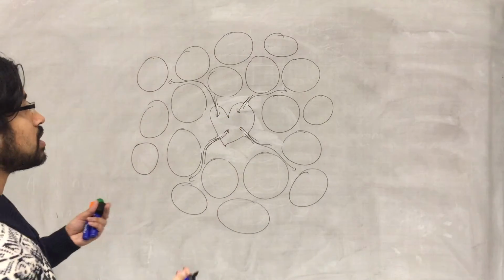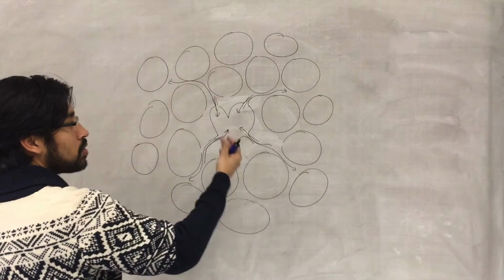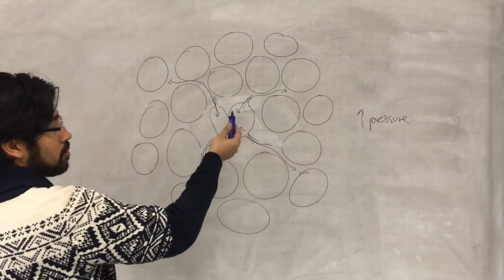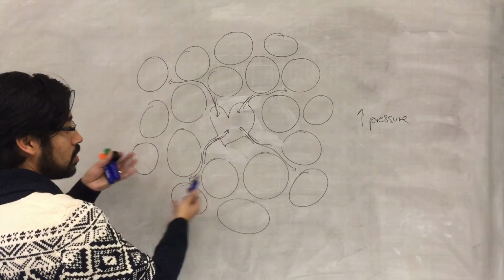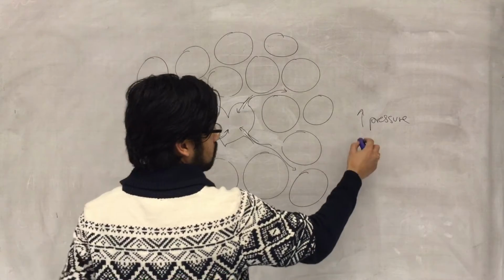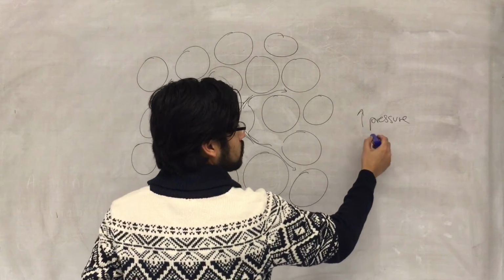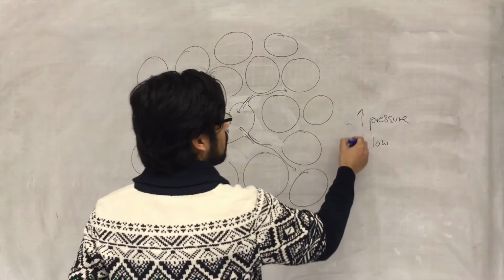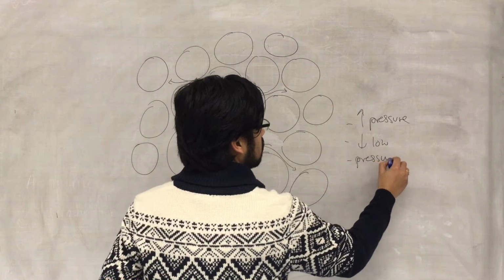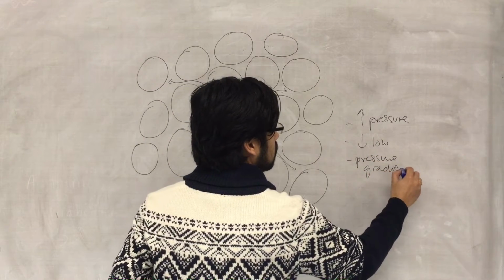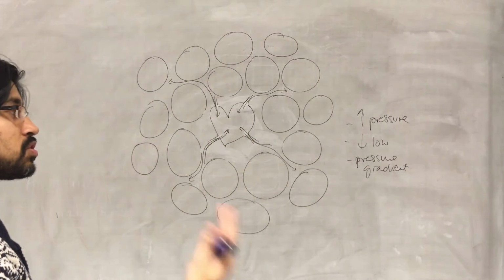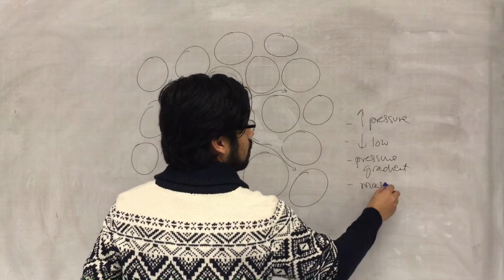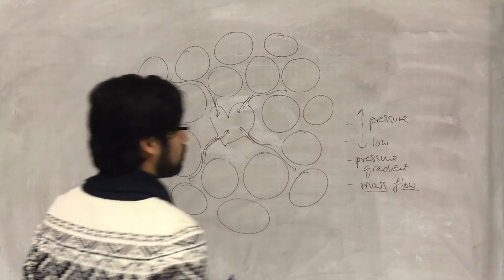So what this does effectively, you've got an organ that is increasing pressure. So you've got an area of high pressure, and you're going to have an area of low pressure where it's pumping fluid into. So essentially, you've got an area of high pressure, an area of low pressure, and thus you have a pressure gradient. And just like concentration gradients make diffusion happen, a pressure gradient makes mass flow happen.